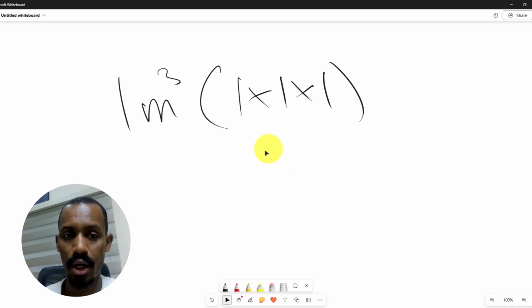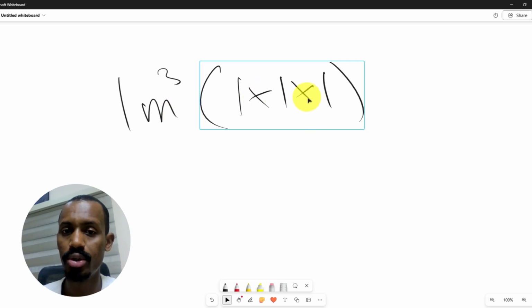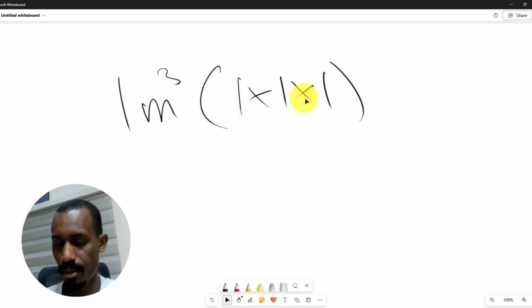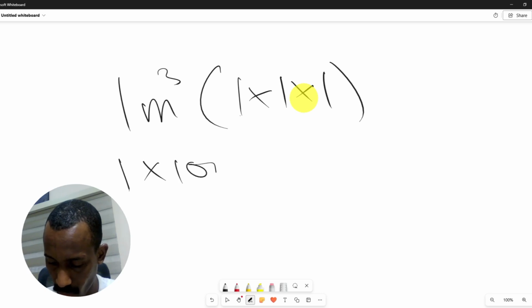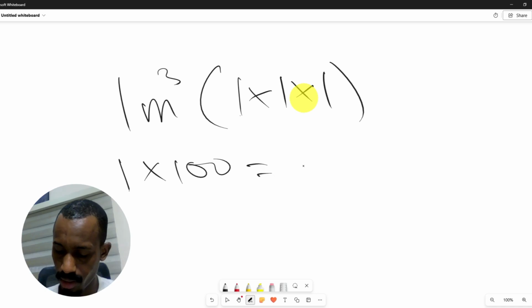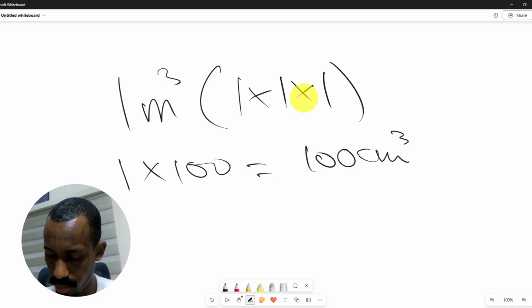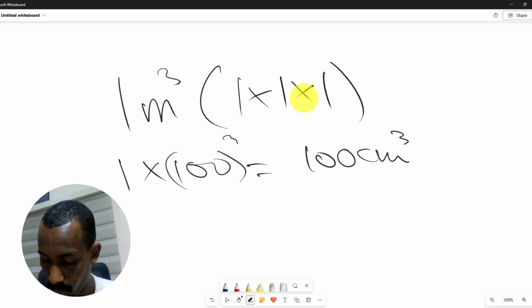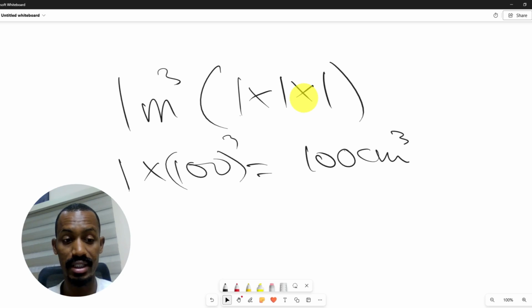Now, imagine you want to turn it into cubic centimeters. Remember, when you are moving from a bigger unit to a smaller unit, you multiply. So 1 cubic meter is equal to 1 cubic meter times 100, because the rate is 100. But you don't just say 100 centimeter cube. You have to cube this 100 also. Remember, I told you, when you are converting cubics, you need to also cube the rate.